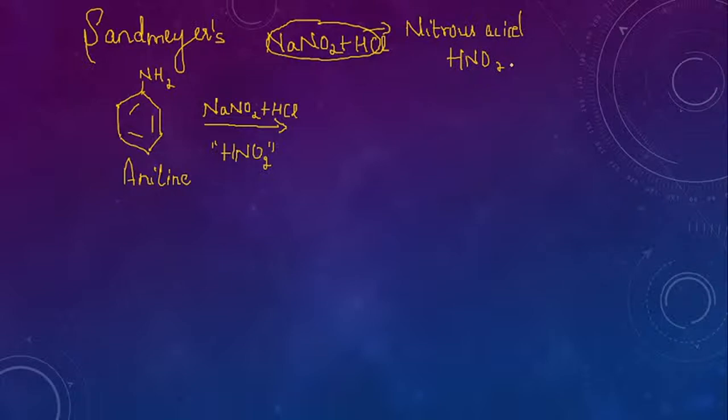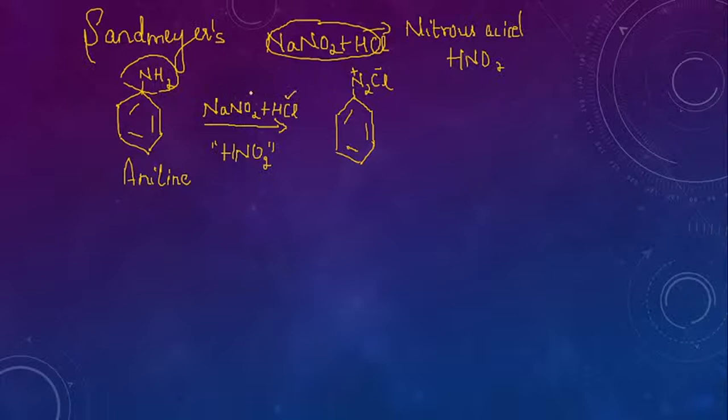Fine. Now when this nitrous acid reacts with aniline, the NH2 group is converted to a diazonium salt. What is a diazonium salt? It is N2Cl, nitrogen with positive charge and chloride ion with negative charge. The chloride ion comes from HCl.